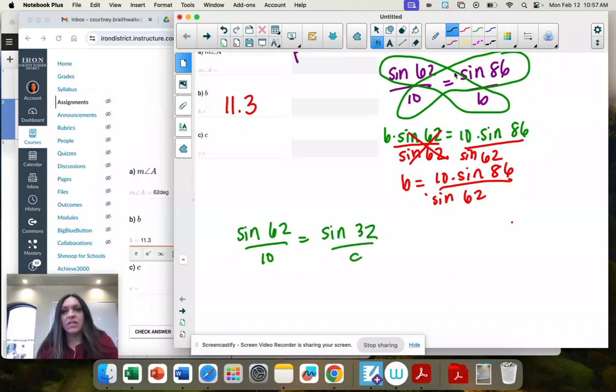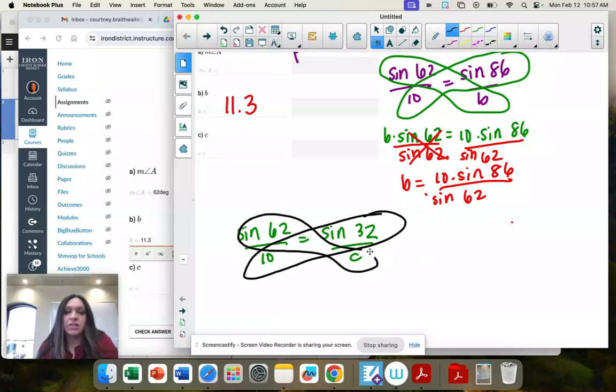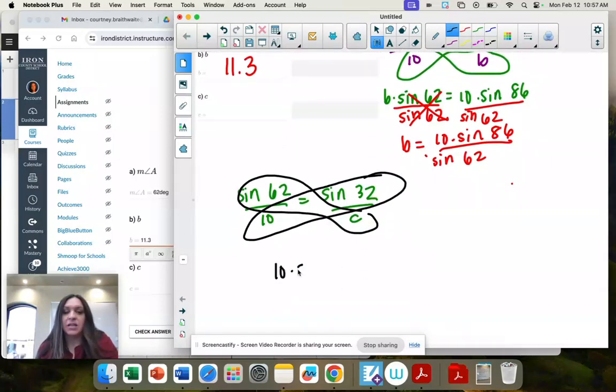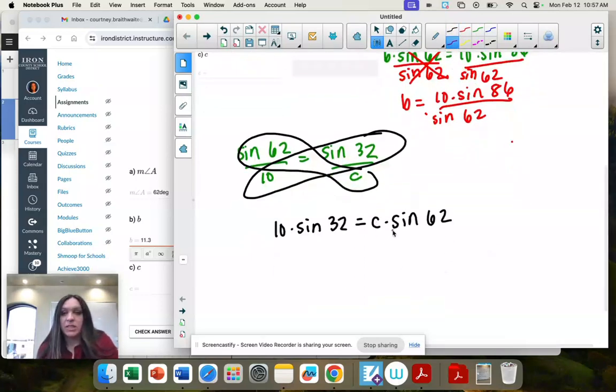And we solve this the same way. I have a fraction equal to a fraction. If I multiply both the denominators, it's going to end up being 10 times sine of 32 equals C times sine of 62. And it's the same process we did last time. We divide both sides by sine of 62 to get C by itself.